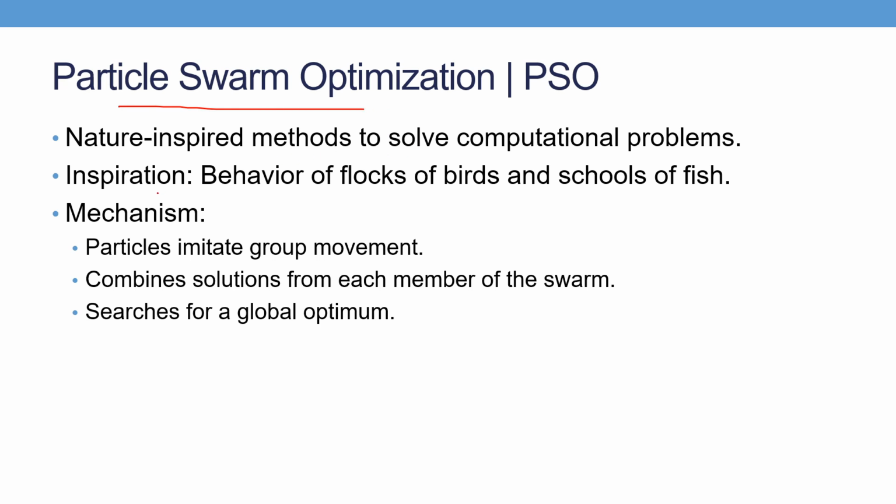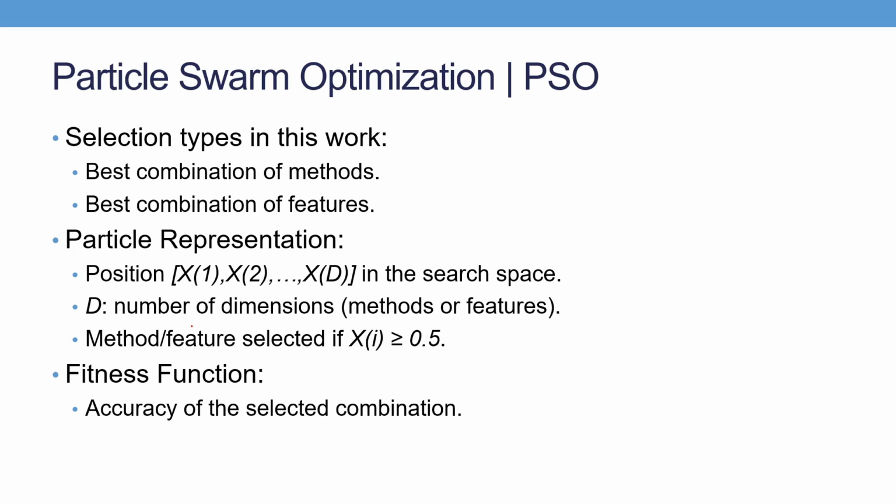The inspiration of this method is the behavior of flocks of birds and schools of fishes. So we have particles that imitate group movement, and they combine solutions while searching for a global optimum. In this work, we use the particle swarm in two cases.